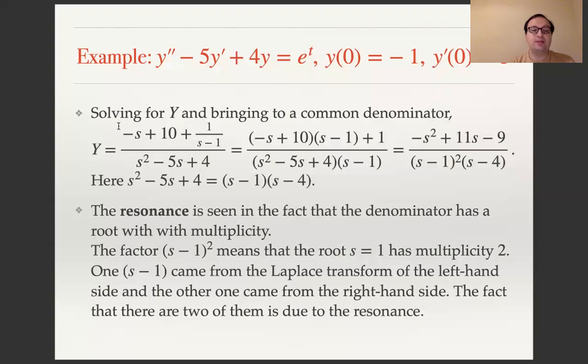So capital Y is equal to minus s plus 10 plus 1 over s minus 1, over s squared minus 5s plus 4. Bringing this to a common denominator, we get minus s plus 10 times s minus 1 plus 1, over s squared minus 5s plus 4 times s minus 1.